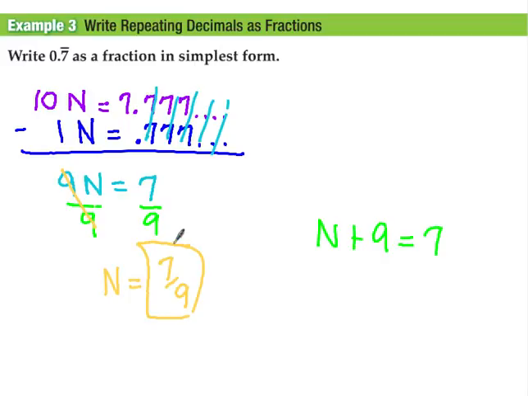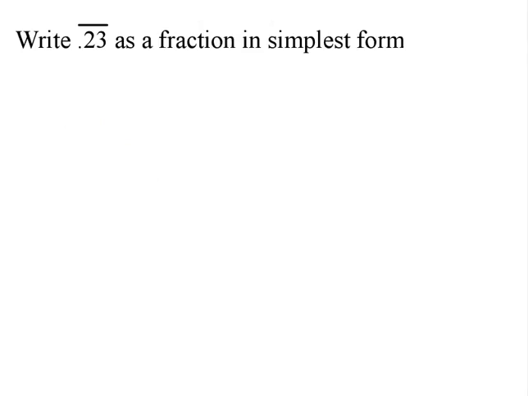All right, so we've got another one because we definitely need another one to try. Let's try this one, 0.23 repeating. So what's the first thing you do?